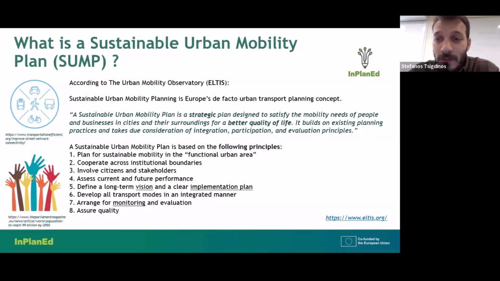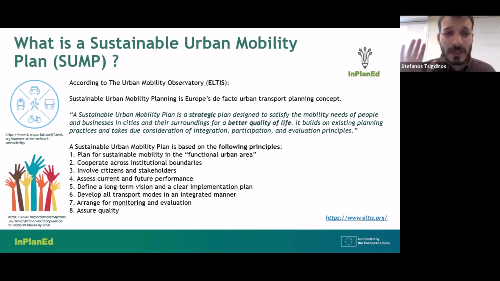So it builds on existing planning practices, but it now overcomes them and joins the fight for more integrated planning, more participatory planning, and more evaluation and control of our proposals.